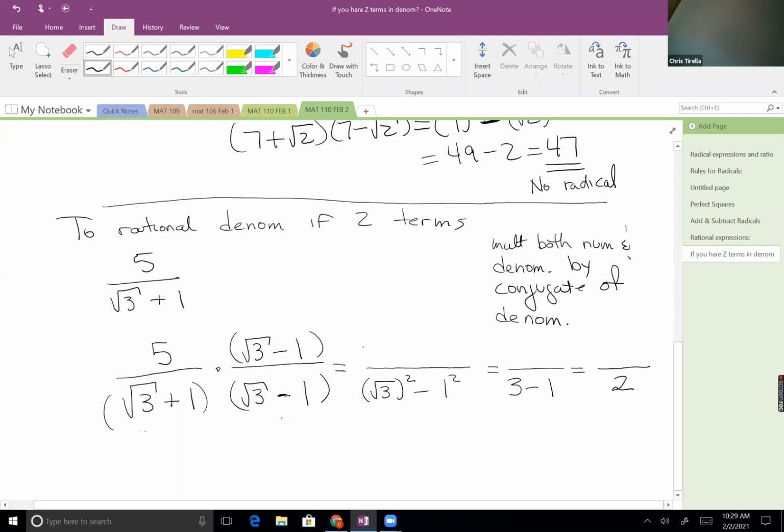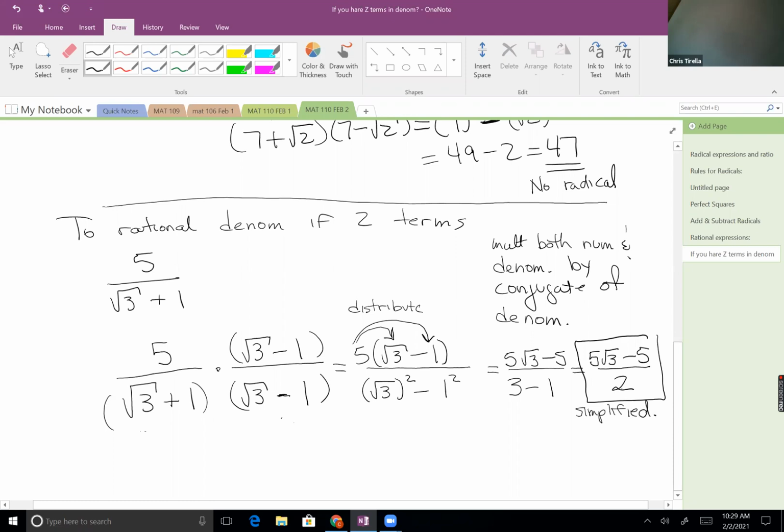But in order to multiply the numerator out, because I've got multiplication in front of parentheses, is everybody all right? I have to distribute in the numerator. So that gives me 5 radical 3 minus 5. And so my simplified answer is 5 radical 3 minus 5 over that 2. And again, it's considered simplified because there is no longer a radical in the denominator.